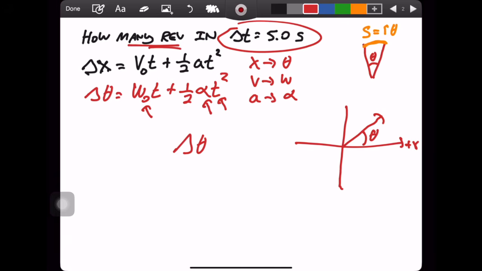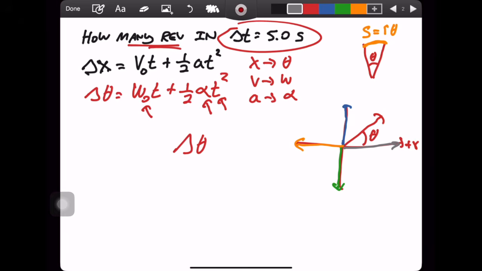So when it gets to say right here, theta is 90 degrees. When it gets to right here, theta is 180 degrees. When it gets to right here, theta is 270 degrees. When it gets to right here, so it's gone a complete circle, it's 360 degrees.